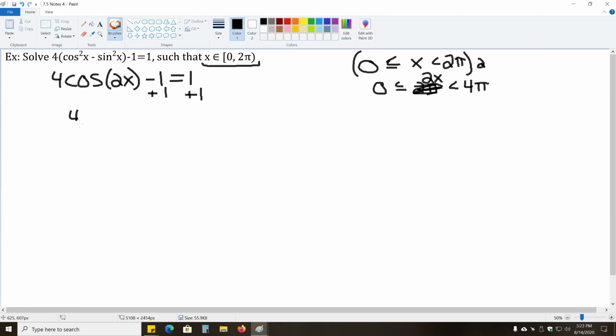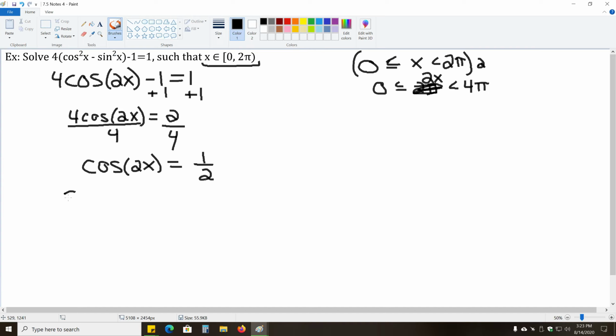which gives us 4 cosine of 2x equals 2. We'll then divide each side by 4, which gives us cosine of 2x equals 1/2.